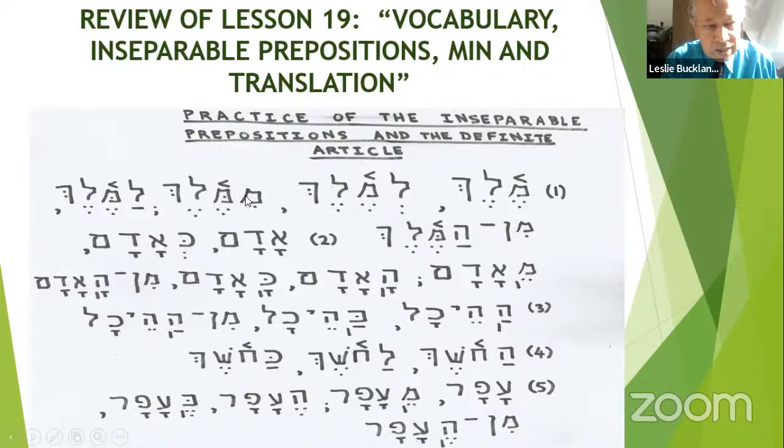The min can stand apart by itself, but there are times when it joins itself to a noun and becomes part of the noun. And when that happens, the noon disappears, and to compensate for the disappearance of the noon, the first letter of the noun receives a dagesh forte, which causes the letter to be doubled. So this is mimmelek, from a king.